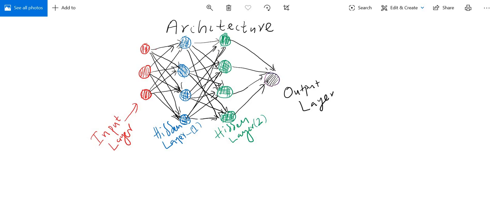The activation function determines whether a node should be activated or not, based on the weighted sum of the weights, right?